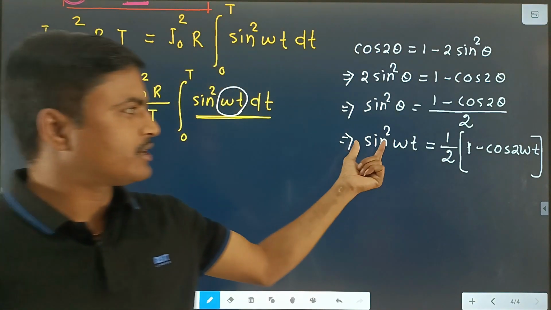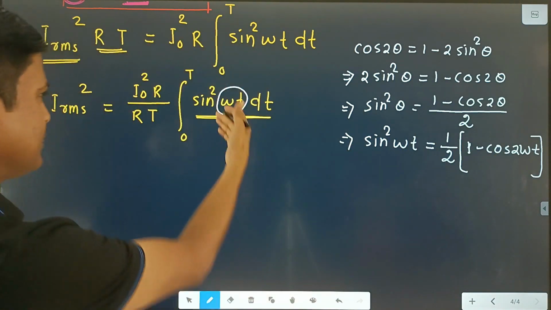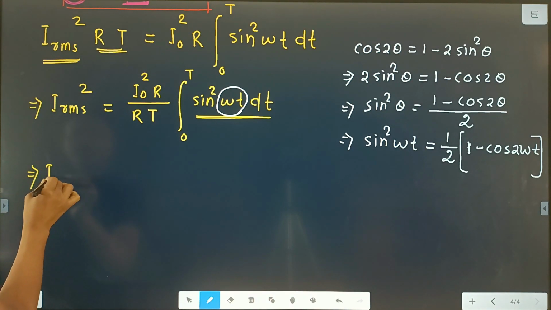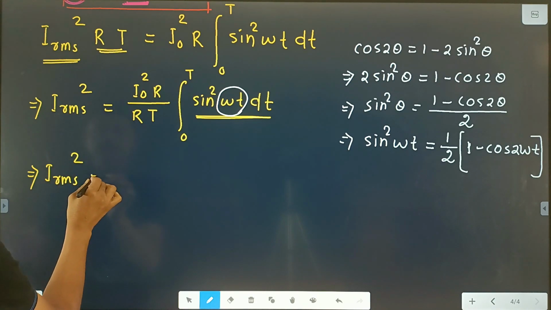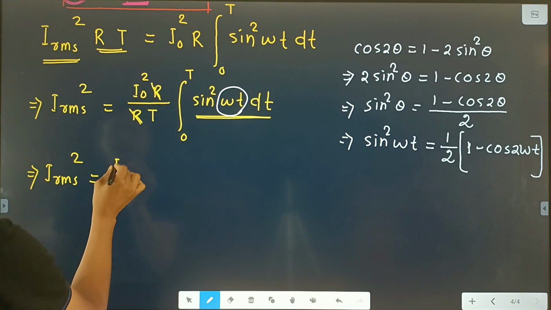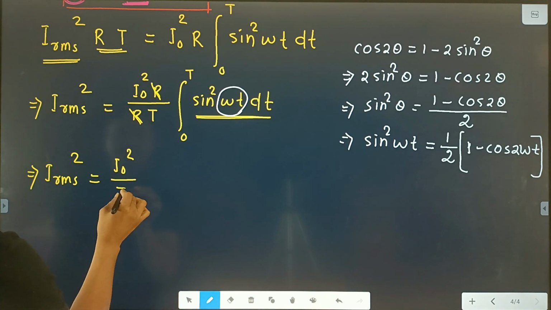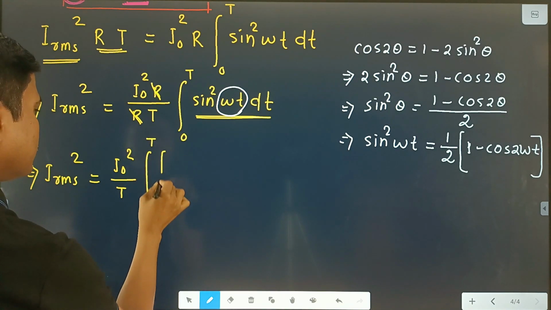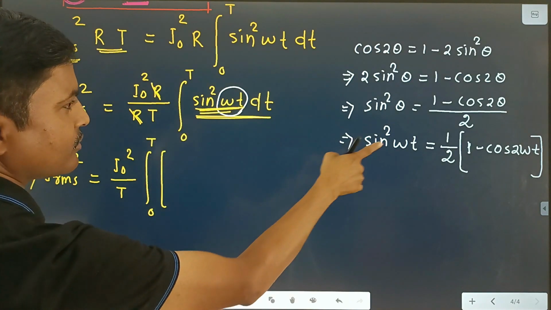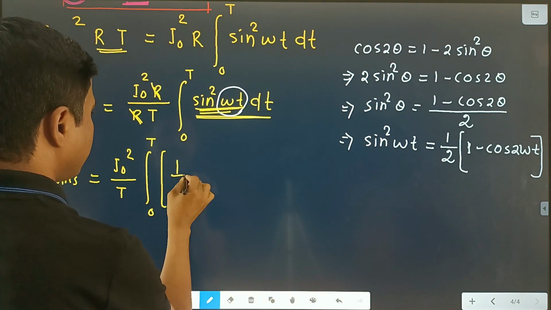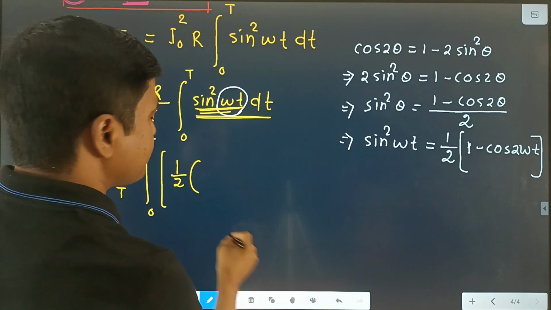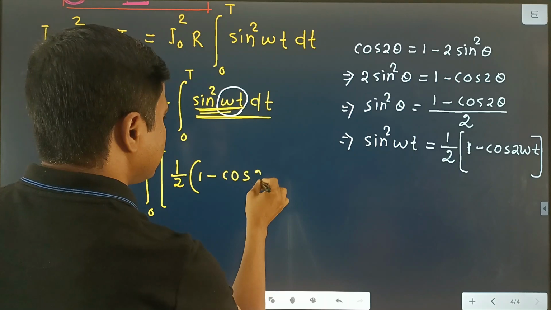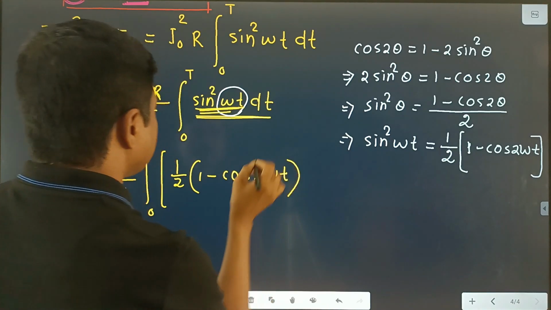That means in place of sin square omega t we put this, so the equation becomes IRMS square is equal to, R and R cancel, remaining is I0 square divided by T integration from 0 to T, half multiplied by 1 minus cos 2 omega t, then dt.